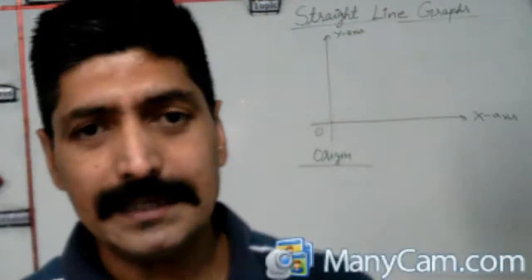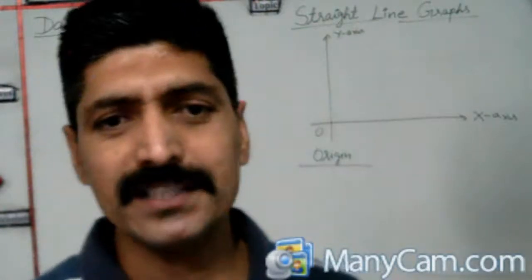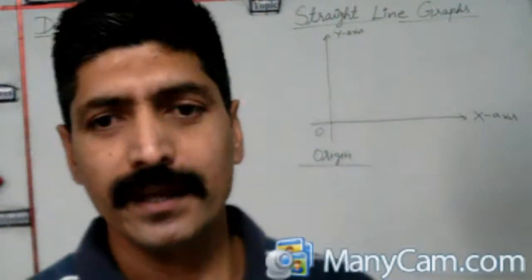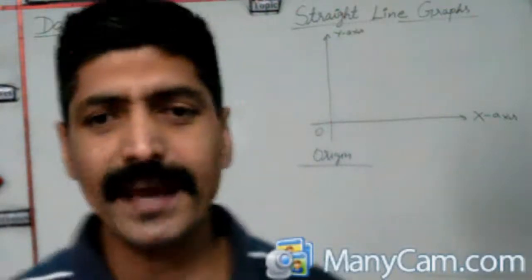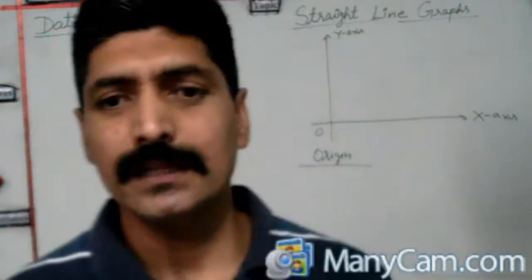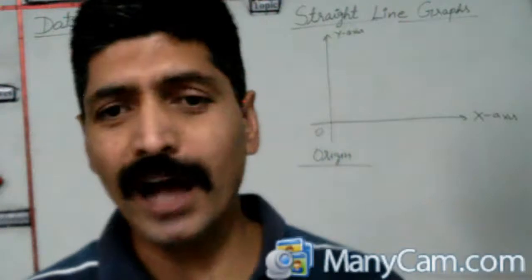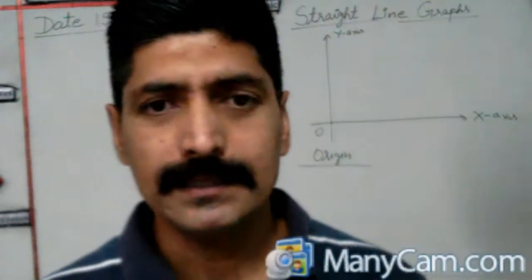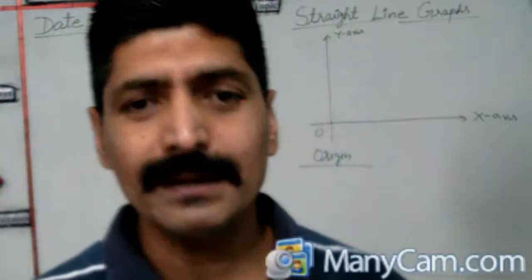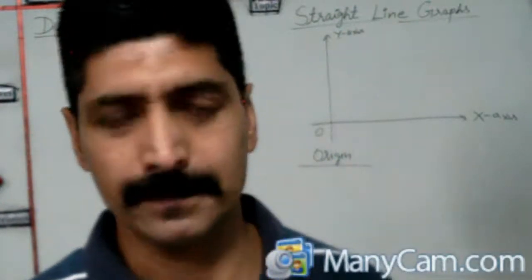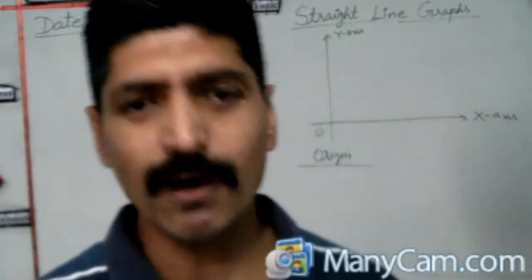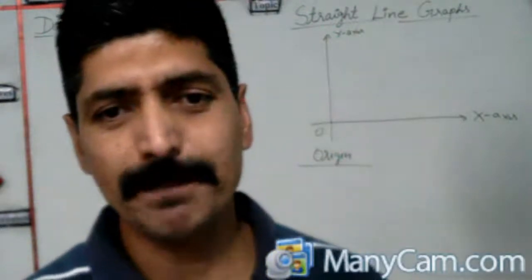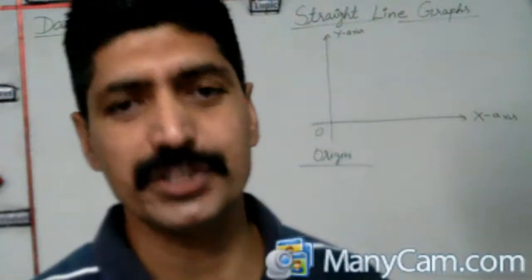We will discuss the gradient again, and lastly we have in this chapter the lines which are parallel to each other and the lines which are perpendicular to one another, and the equations of these lines.